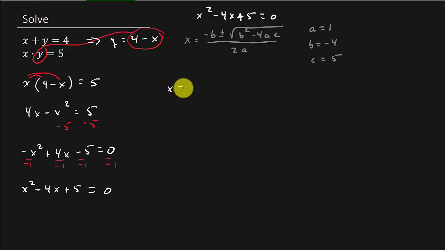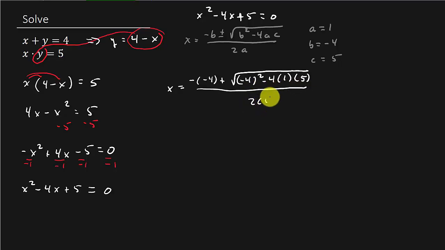So we're going to get x is equal to negative b, so that's negative negative 4, plus or minus the square root of negative 4 squared minus 4 times a times c, all over 2 times a. And so this will give us 4 plus or minus the square root of 16 minus 20, over 2.